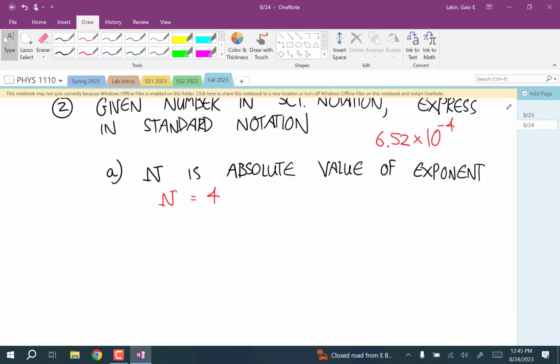And then once you have that, if the exponent is positive, move the decimal point n places to the right.